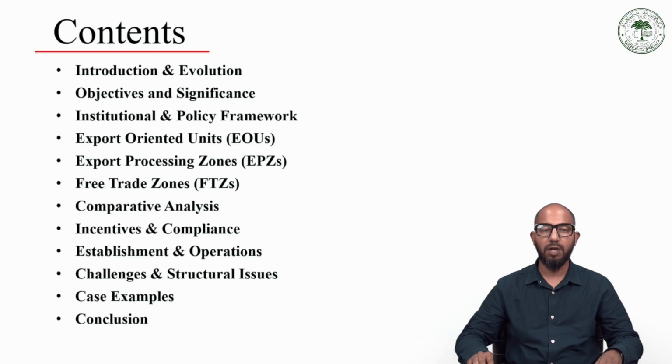Consequently, we will talk about export-oriented units, export processing zones, and free trade zones. After that, we will have some comparative analysis followed by incentives and compliance. Subsequently, we will talk about establishment and operations followed by challenges and structural issues. The penultimate discussion will be with respect to some case examples, and then we will conclude our discussion.